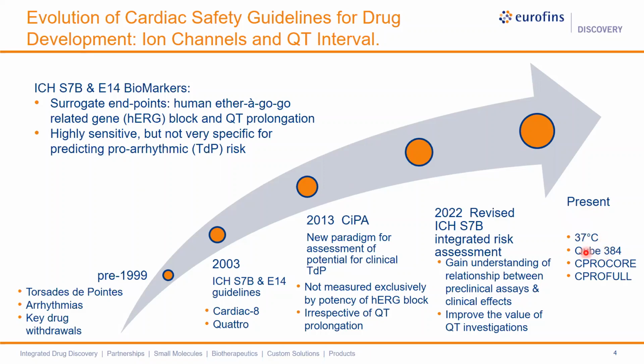We have used the Qube 384 high-throughput platform to characterize the CiPA core, what we call the sodium, calcium and hERG currents, because these are the core of the cardiac action potential, to first bring it to market. And then we are validating the CiPA full panel as we speak, to bring it to market in the second quarter of 2023.